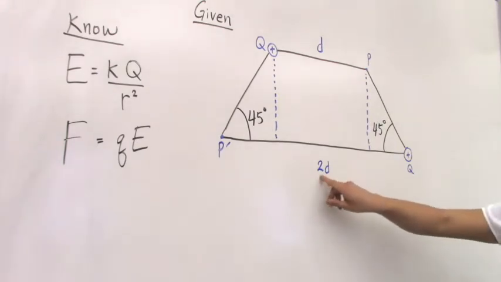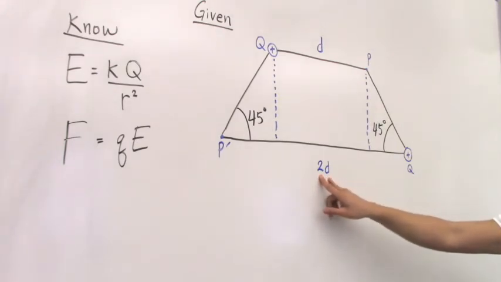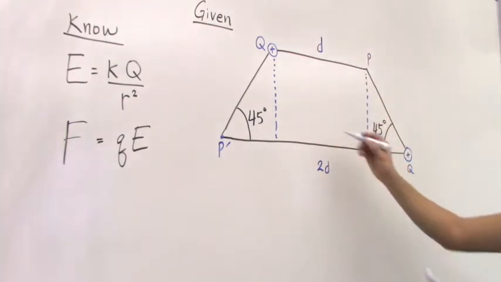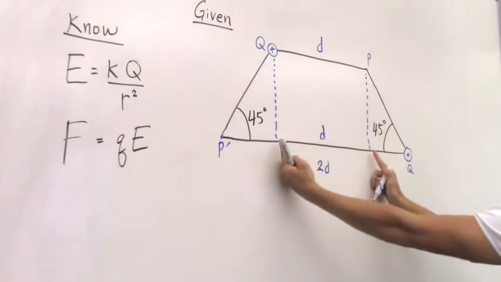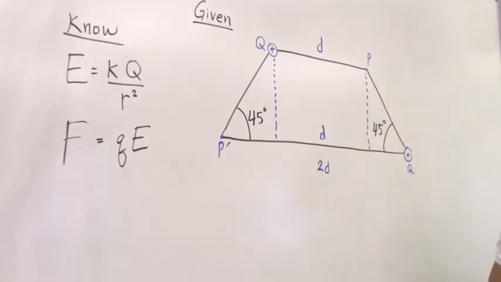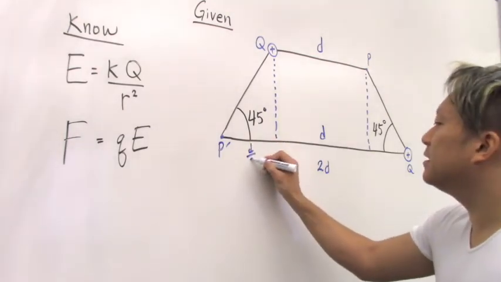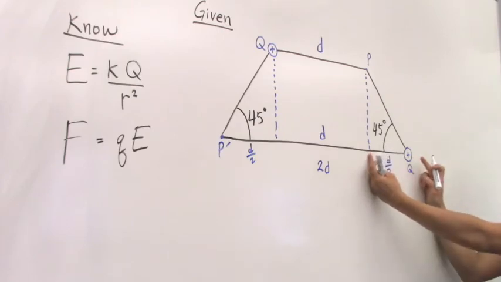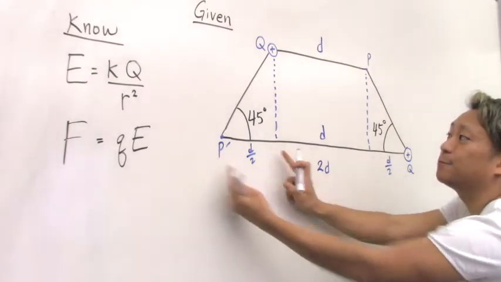Okay, well, I'm given that this bottom base is 2D. Well, these are parallel, right? So that means this is D, from here to here, that's d. So what's remaining? Just d left, but it's divided equally amongst two sides. It's symmetrical, so it's d over 2. So this distance is d over 2, from the point to this dotted line.